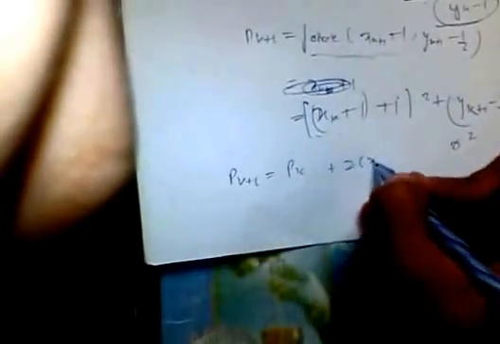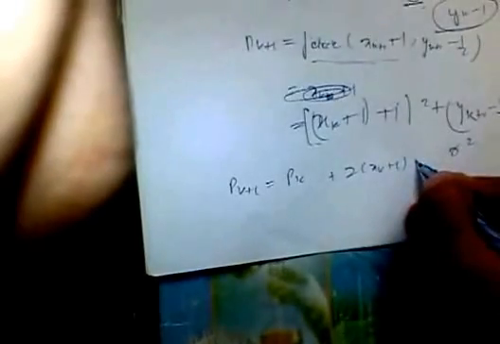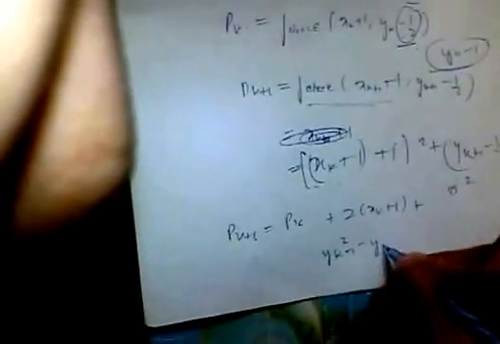Now, from this we see that pk plus 1 comes to pk plus 2 times xk plus 1, plus yk plus 1 whole square minus yk square, minus yk plus 1 minus yk. Okay, don't get confused. This is a very simple equation which can be derived very easily.